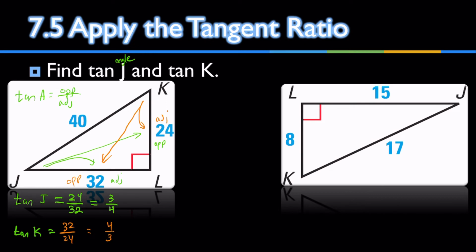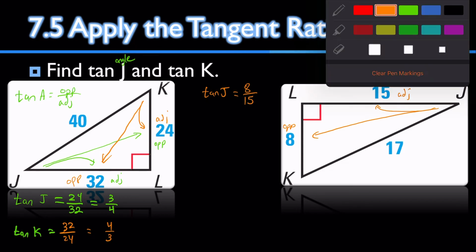All right, so tangent of J here. So here's J. Opposite is the 8. And adjacent is the 15. So tangent is opposite over adjacent.